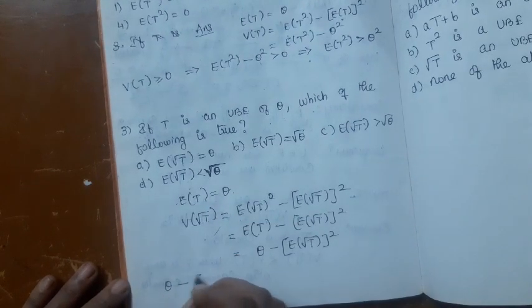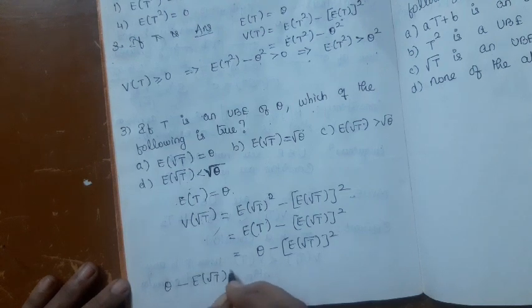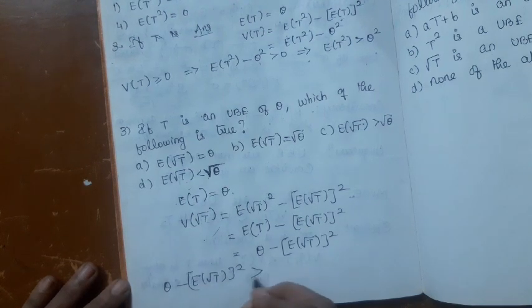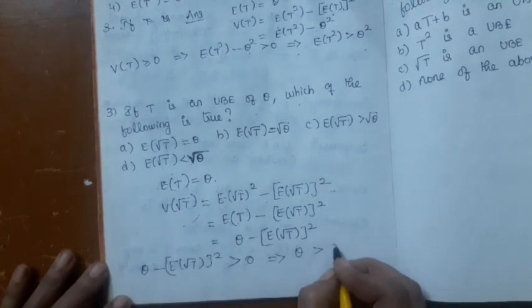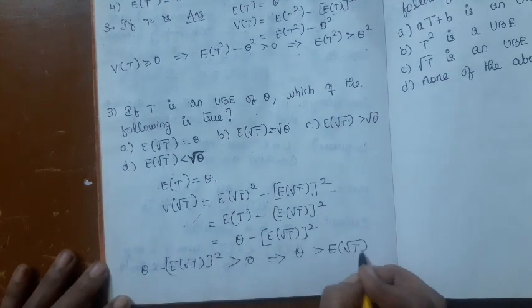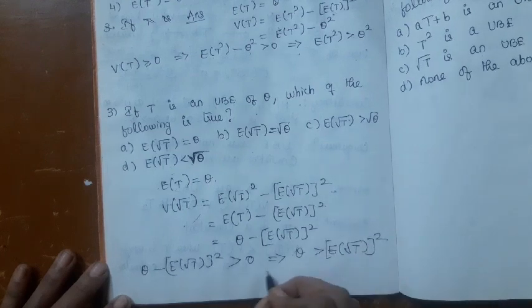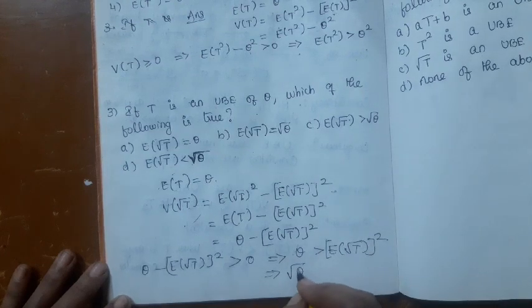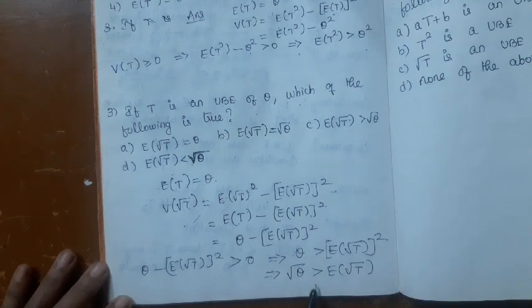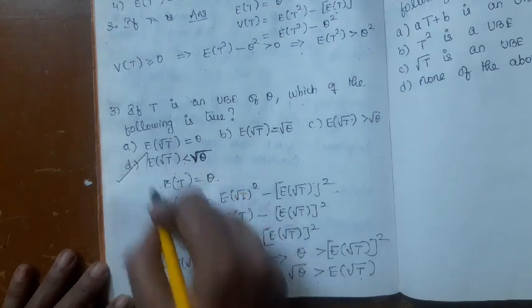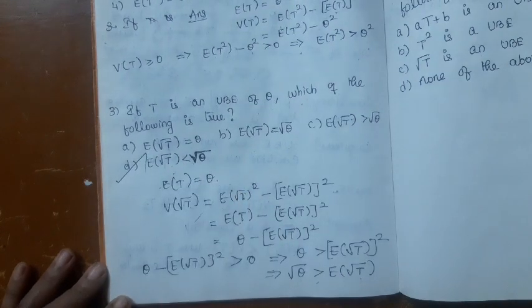So I can say theta minus expectation of root T the whole square is greater than 0, which implies theta is greater than expectation of root T the whole square. Take square root on both sides, you get root theta is greater than expectation of square root of T. That is, expectation of square root of T is less than square root of theta. Option D is the correct answer.